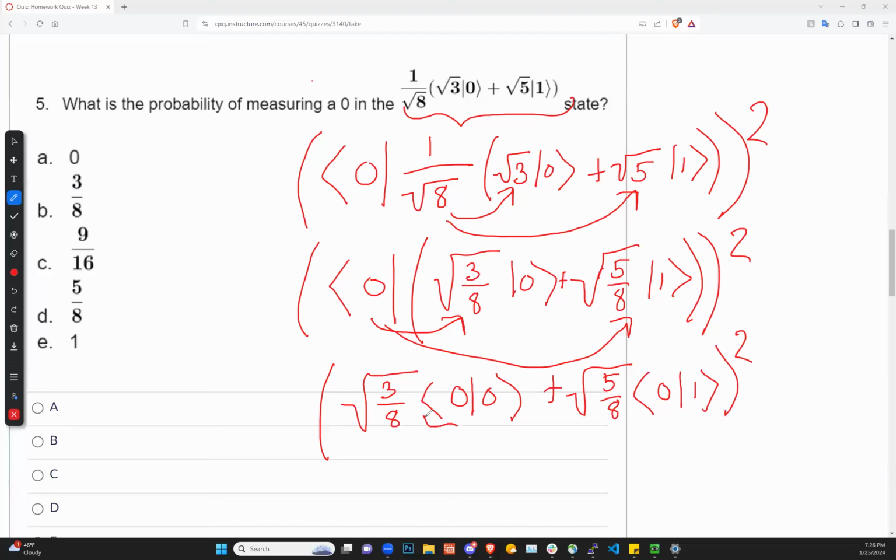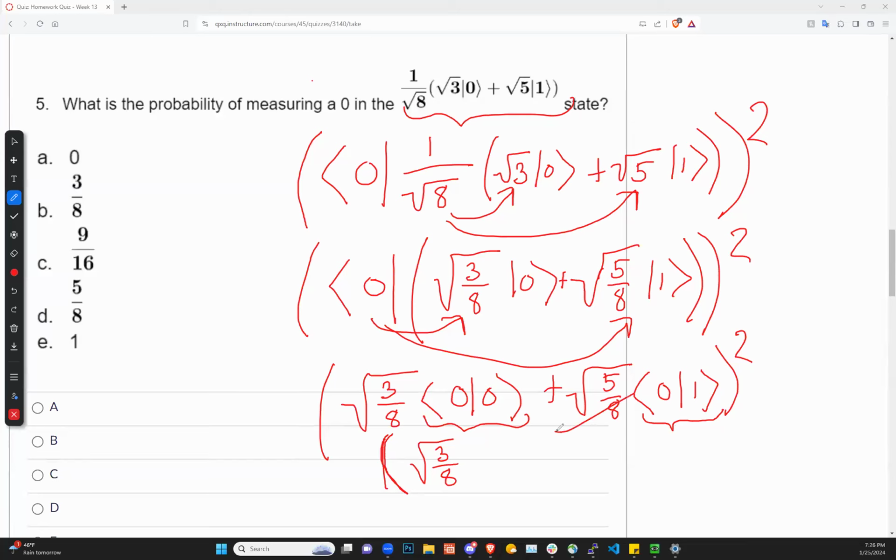So again, what is the inner product of 0 and 0? Can anyone tell me that? That's a parentheses, sorry. Yeah, we end up with 1. So we get the square root of 3/8 times 1, which is just the square root of 3/8. And then what's the inner product of the 0 state and the 1 state? Yeah, it's 0.